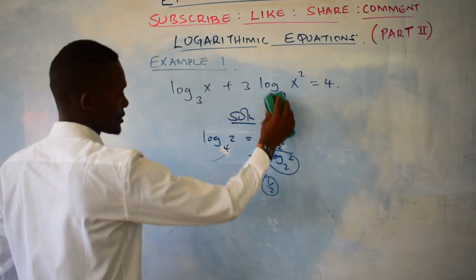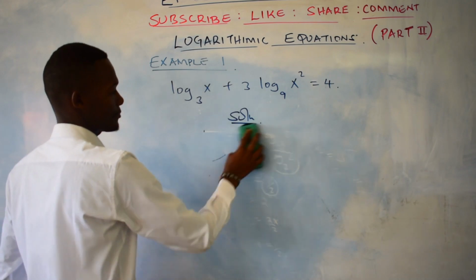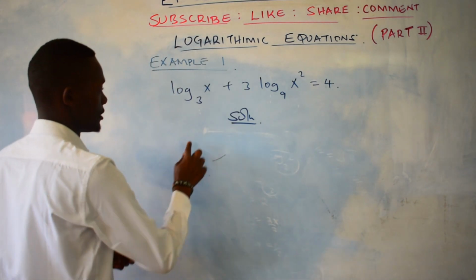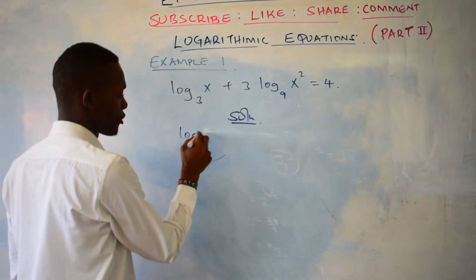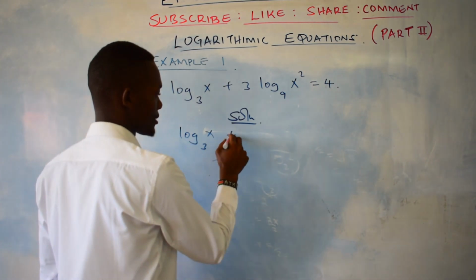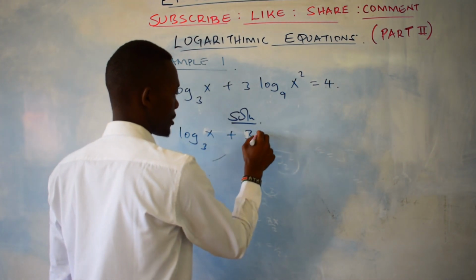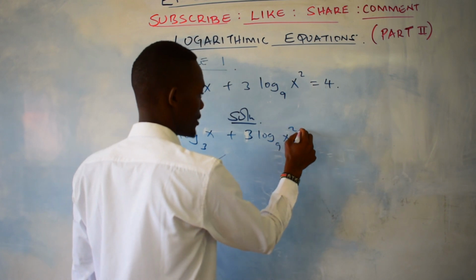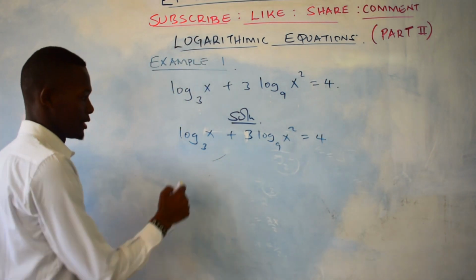Let's now solve our equation. We have the log of x to base 3 plus the log of x squared to base 9 equals 4.